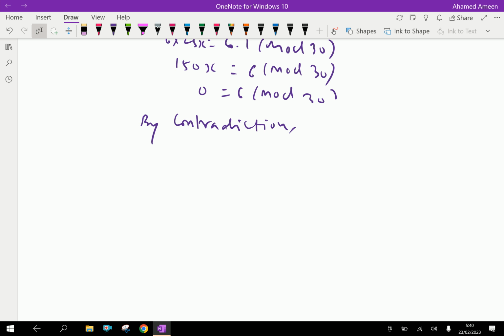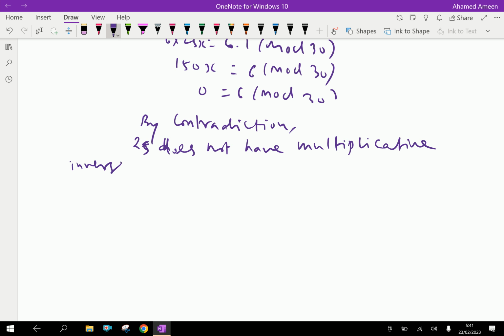By contradiction we can see there is no such x value, so 25 does not have a multiplicative inverse mod 30.